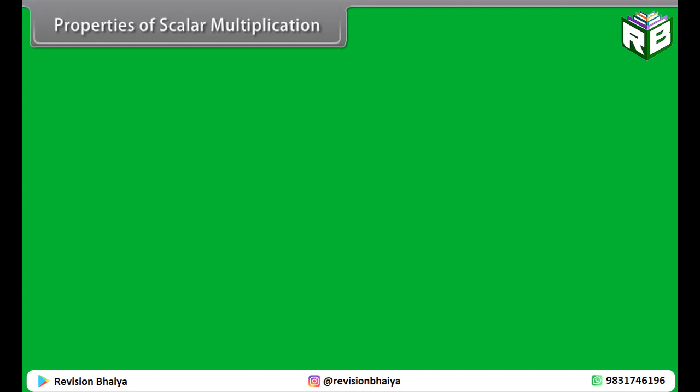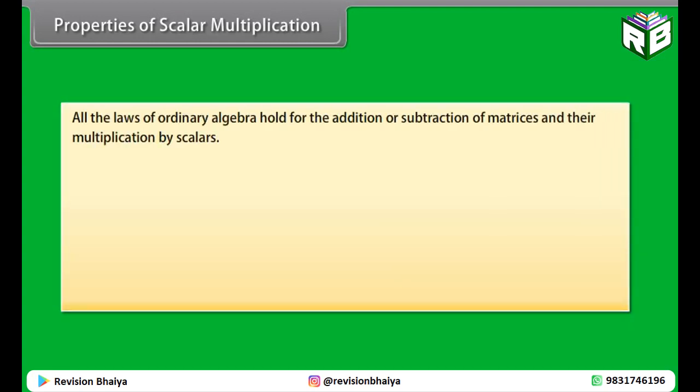Properties of scalar multiplication. All the laws of ordinary algebra hold for the addition or subtraction of matrices and their multiplication by scalars.